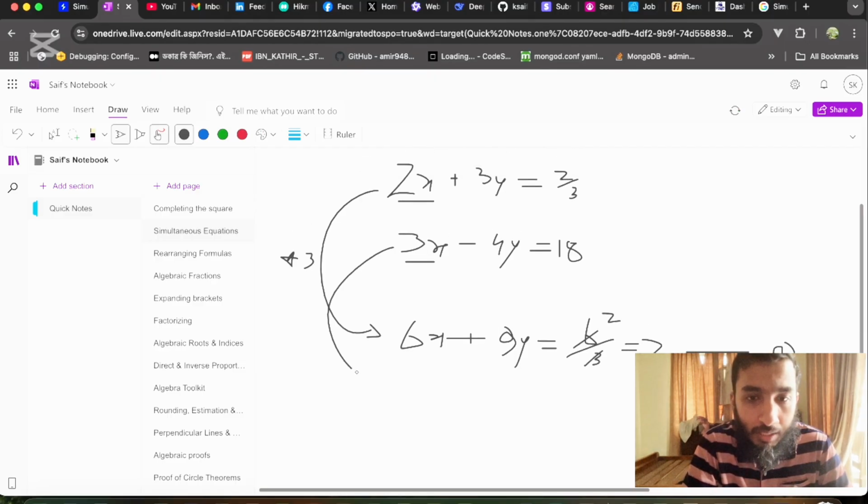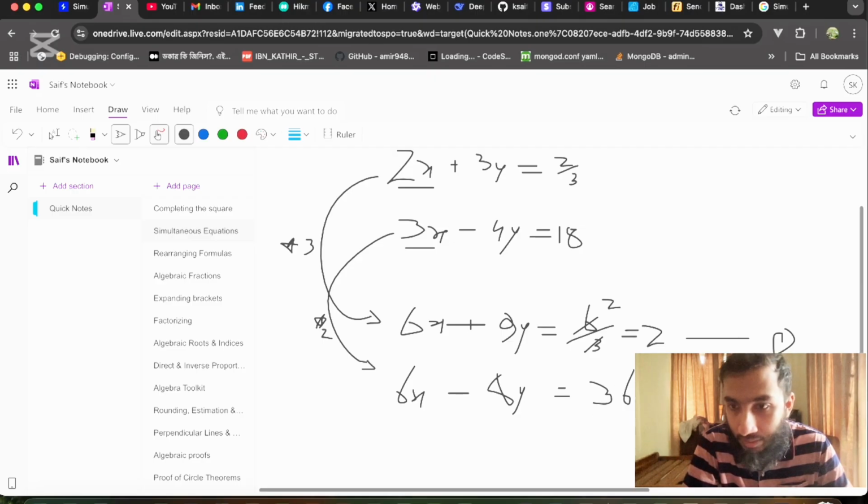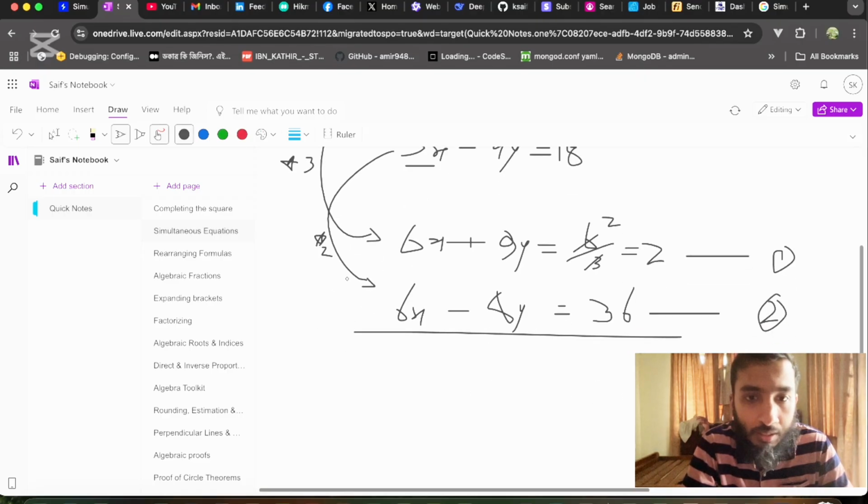And if I multiply the second given equation by 2, 3x multiplied by 2 is 6x, minus 4y multiplied by 2 is 8y, equals 18 multiplied by 2 is 36. So I can call this equation 2. Now if I subtract equation 2 from equation 1, 6x minus 6x is cut off. 9y minus minus 8y is 9y plus 8y.